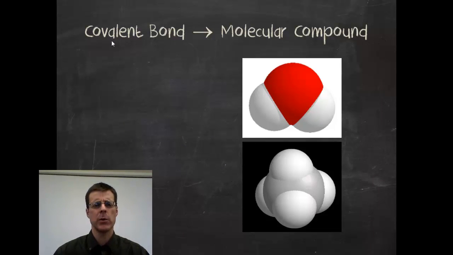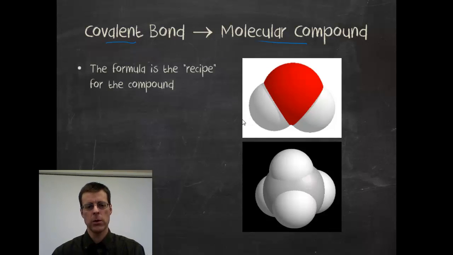When we talk about covalent bonds, we then talk about a molecular compound. You've probably heard the term molecular compound before. So now we're talking about individual molecules. These are true molecules. So when I write, say, for example, H2O, that's almost the recipe. That means I've got 2 atoms of hydrogen, and if these were a water molecule, then I would have 2 atoms of hydrogen and 1 atom of oxygen. So my chemical formula represents the actual molecule that I'm talking about.